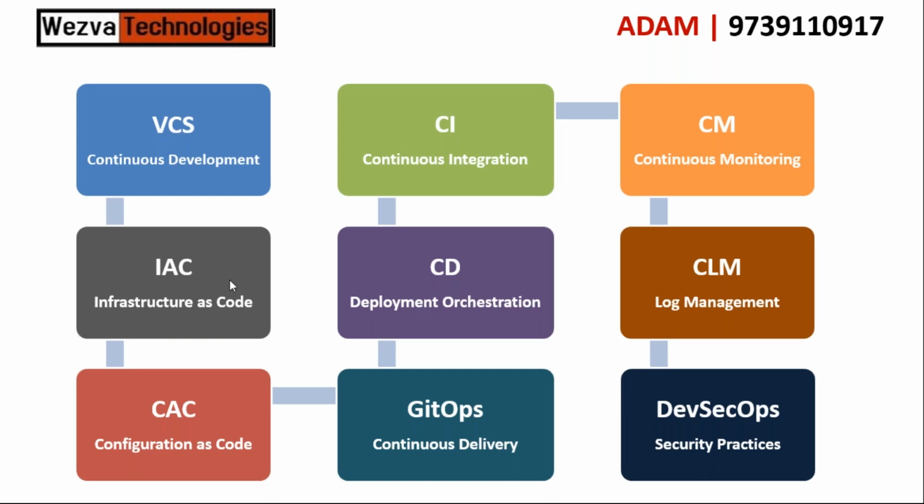That's all. But after creating the machine, how will you configure that machine so that it is suitable for your deployment need, or it is suitable for your development need, or it is suitable for your testing need? Which is where in DevOps, the next trend we have is called configuration as code.